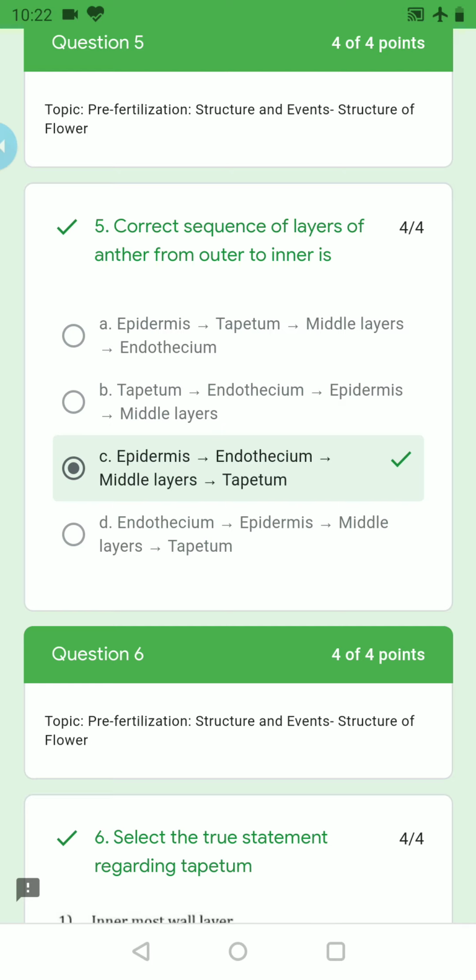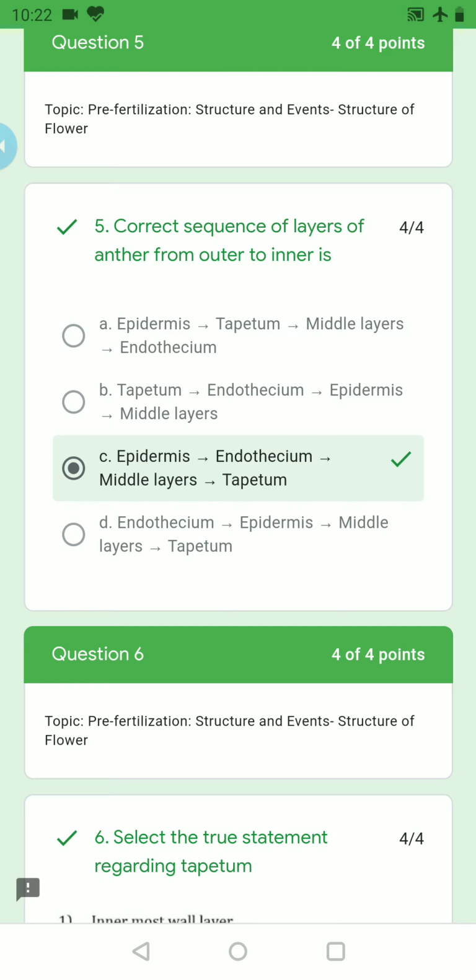I hope you remember where we discussed the structure of the microsporangium. If you see the diagram, you will easily identify. The outermost region is the epidermis, then the endothecium, after that the middle layers, and the innermost layer is the tapetum, which nourishes the developing pollen grains. So this is what we can identify.